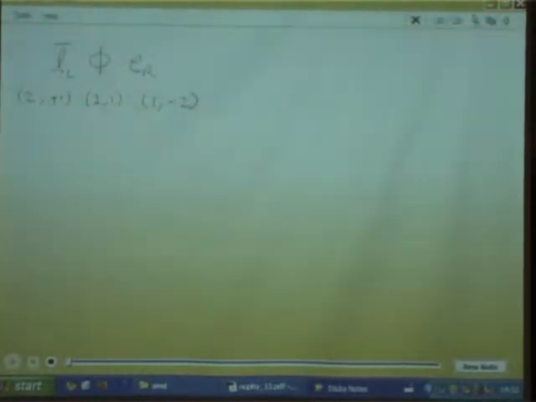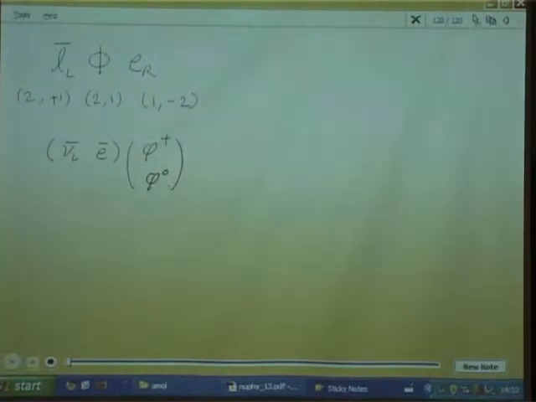Now let's expand it and then we'll see what it actually gives. L_L bar is nu_L bar, e_L bar. Phi is phi plus, phi 0. E_R is E_R.